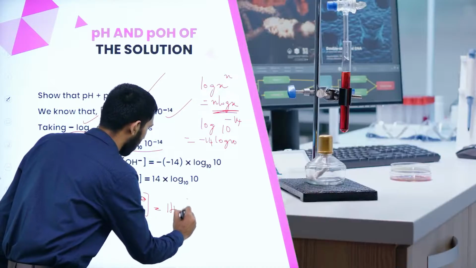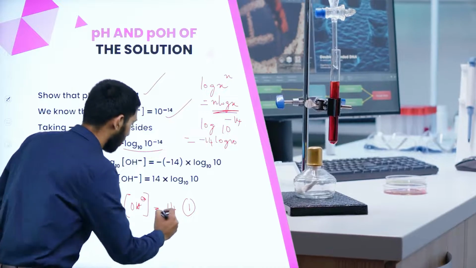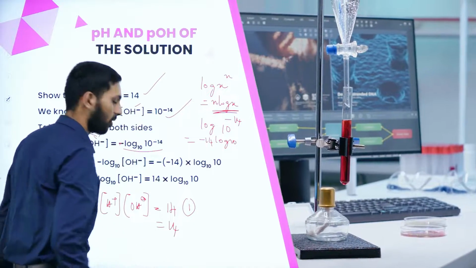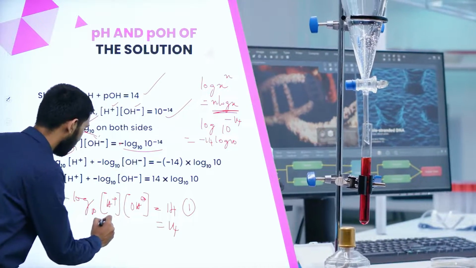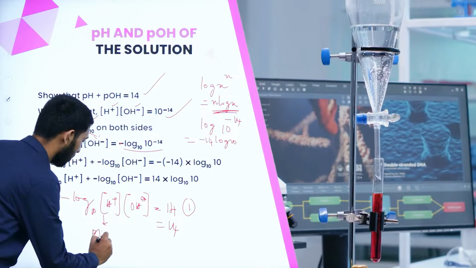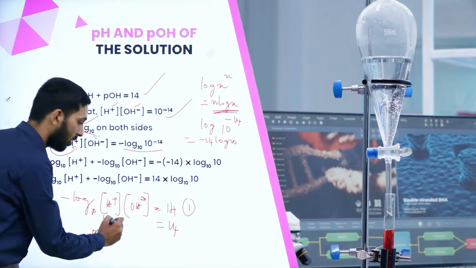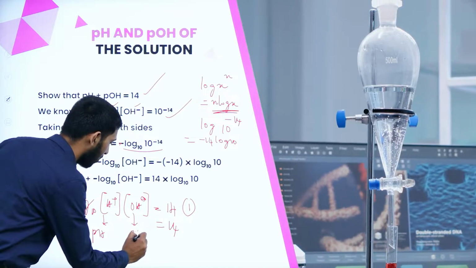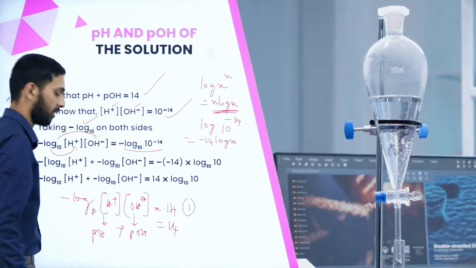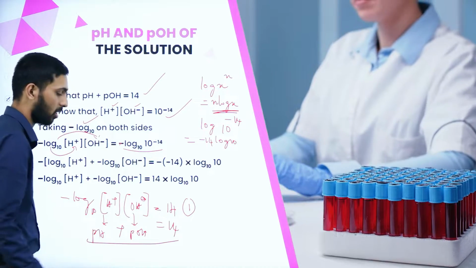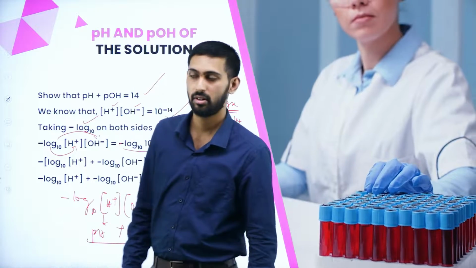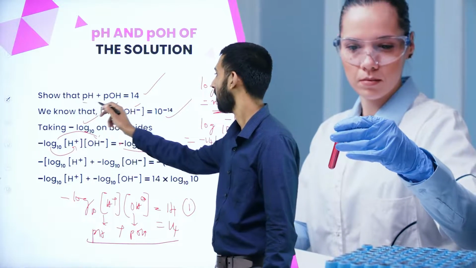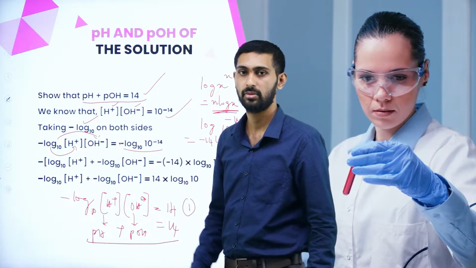And log 10 is always 1, so we will get 14. Then here we have pH of H plus ion and here pOH, so we take plus. pH plus pOH will always be equal to 14. This is the relationship we have to prove.